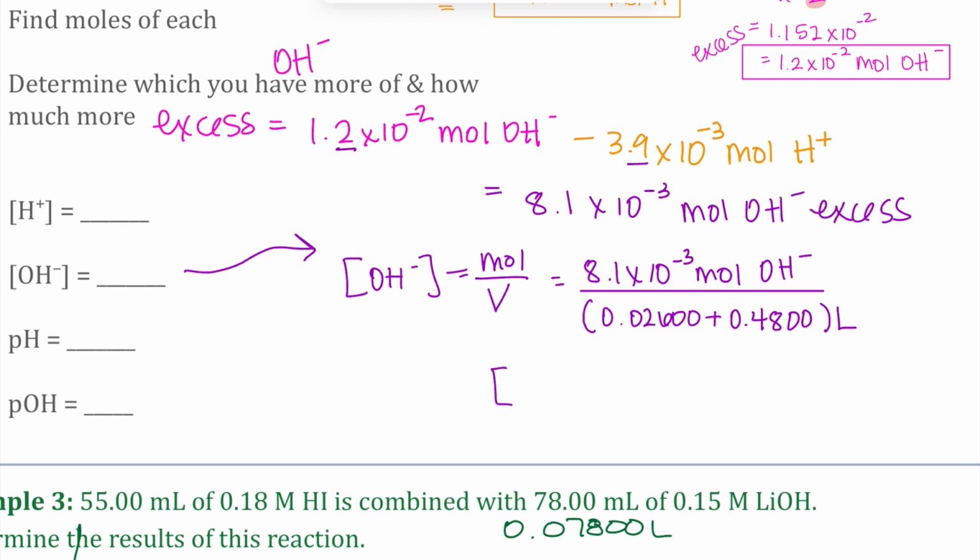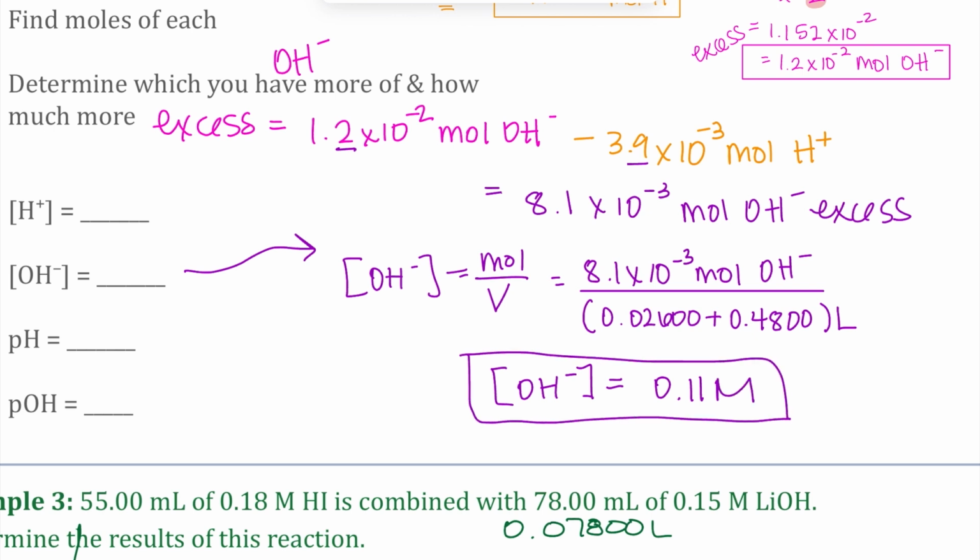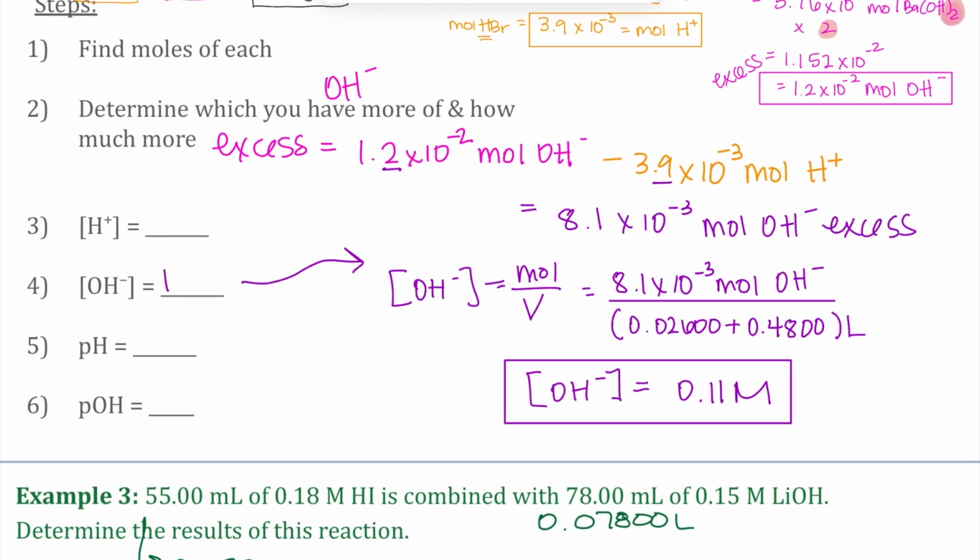We end up with an OH concentration of 0.11, with those 2 sig figs again. That is molarity, the concentration of our excess OH. So I've got 0.11 molar.